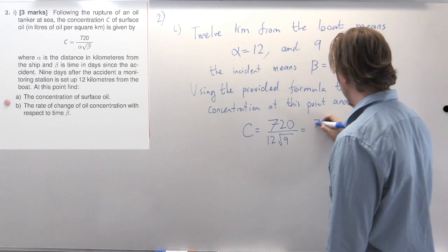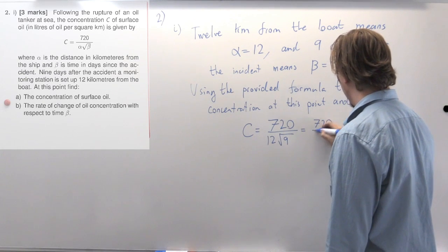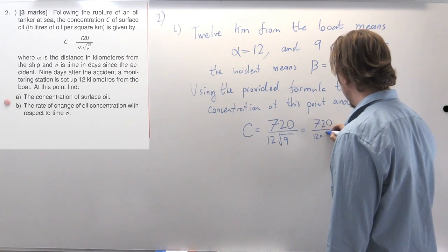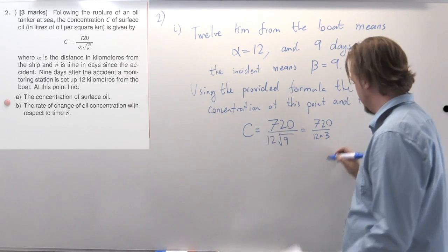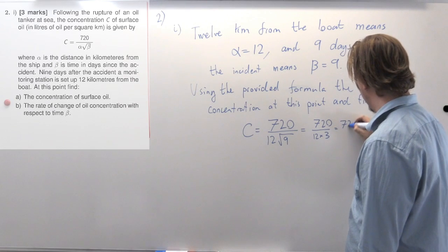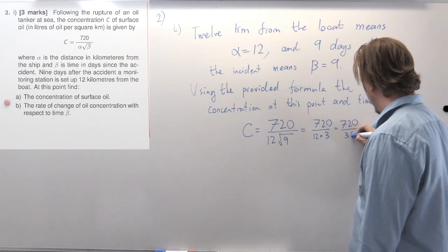So that is 720 over 12 times 3, which is 720 over 36.